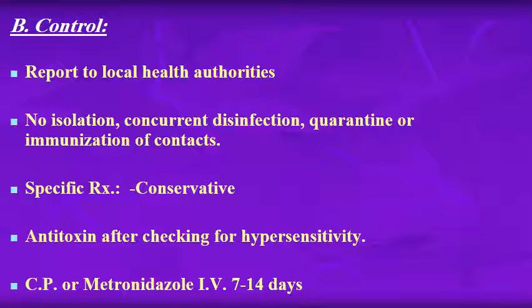Specific treatment: conservative. We usually focus on the main dangerous killer of the disease here, which is the continuous severe spasm that may cause severe exhaustion, fracture of bone or vertebrae, or paralysis of chest muscle leading to respiratory failure, and so on. So we give here muscle relaxant.